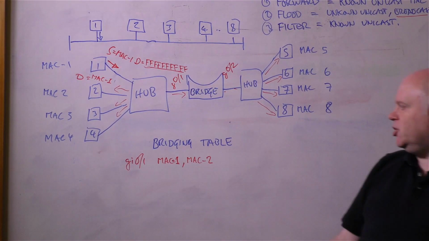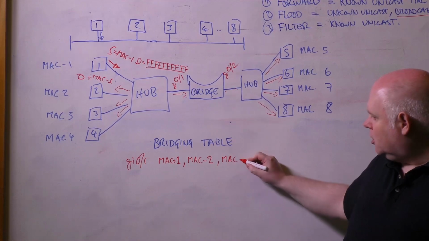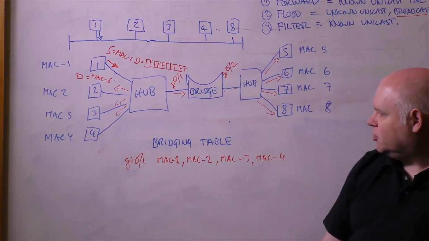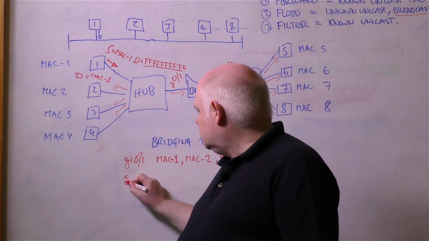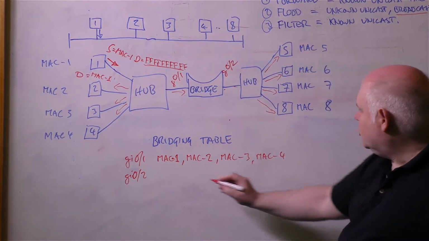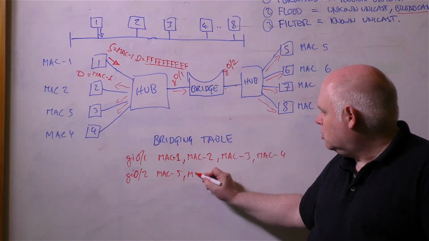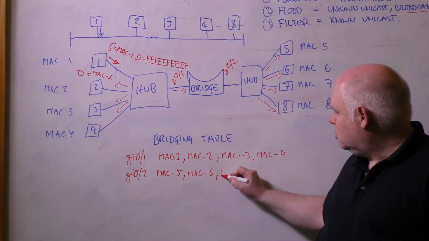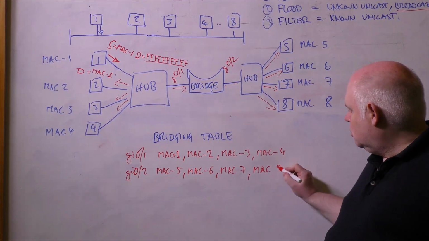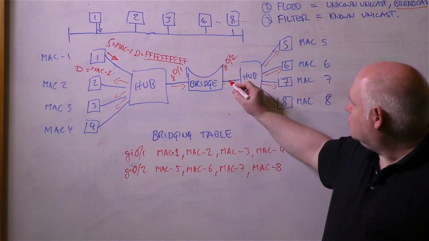So over time this builds up, and the switch learns that MAC 3 and MAC 4, all these computers are located on port 1, and all these computers are located off of port 2.